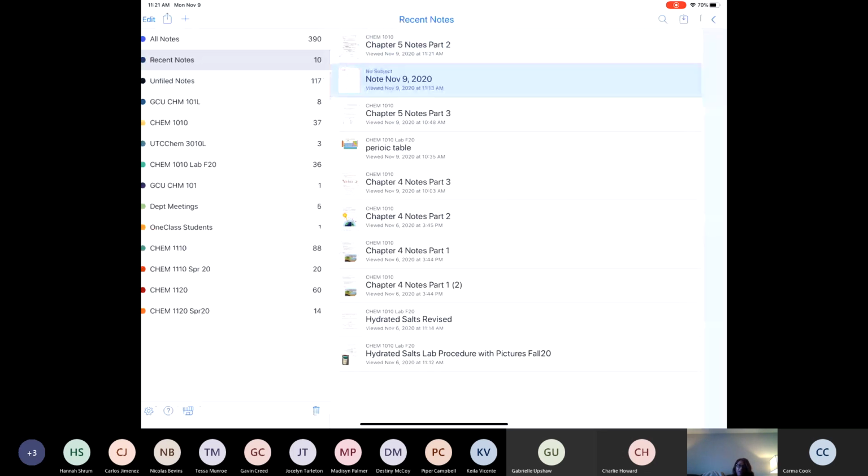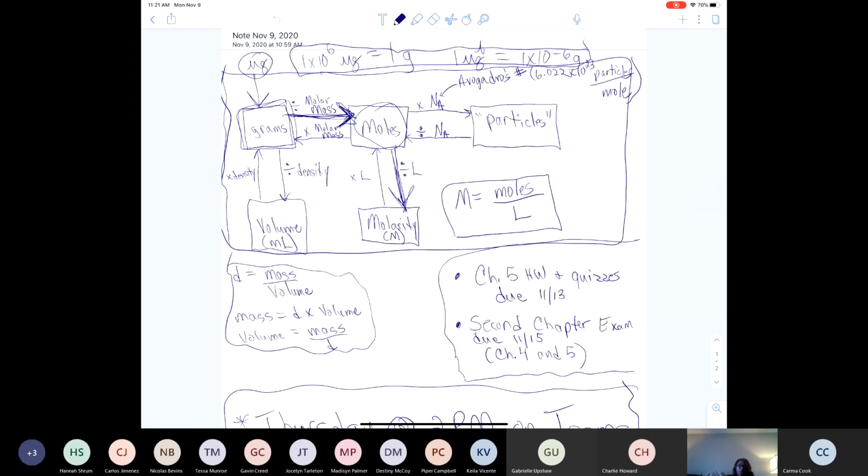See here again, our little flow chart helps us out. We know how many grams of copper sulfate the student weighed out, so we need to know the molar mass of copper sulfate. We should know how to calculate that at this point. So we take the grams and divide by the molar mass of copper sulfate to get the number of moles that the student used.